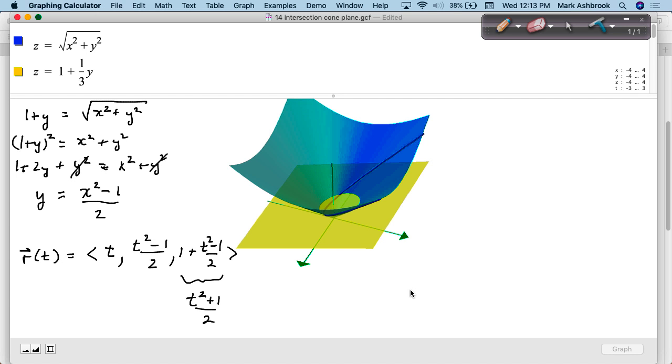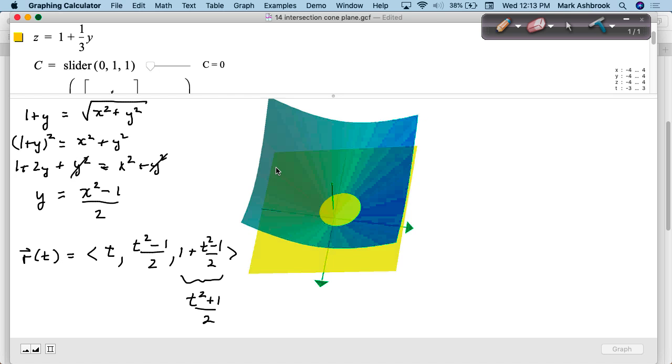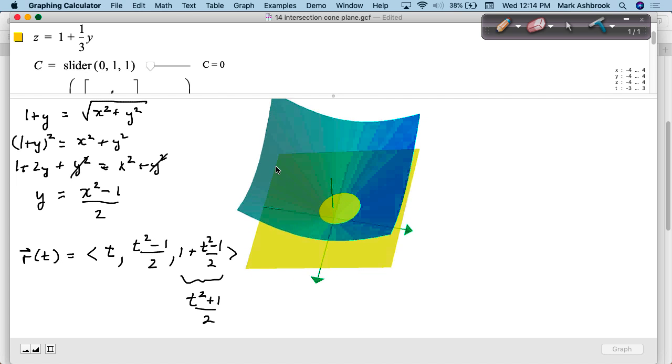So now look, here you get an ellipse. So when you start forming your vector function, you're going to use the other technique, where you pick two variables to be cosine and sine, and then you do the math.